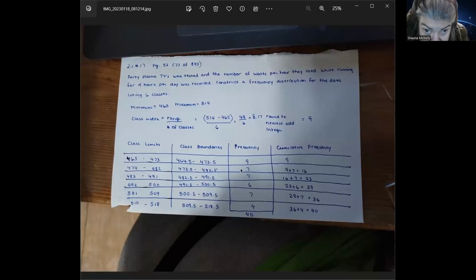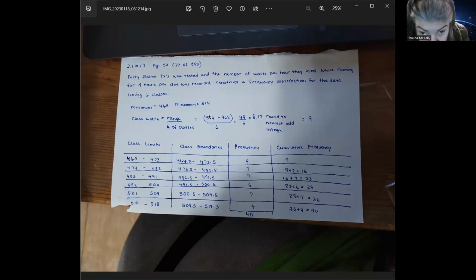You'll find that the minimum is 465, and the maximum is 514. From that, we can find the range, which is found by taking the maximum and subtracting the minimum, and then dividing by the number of classes that we want.